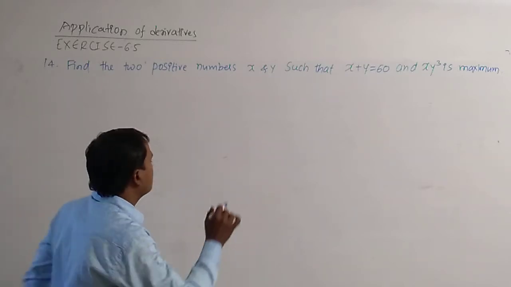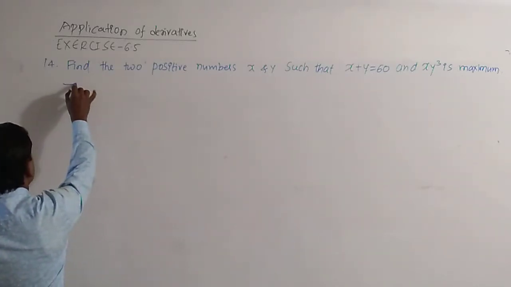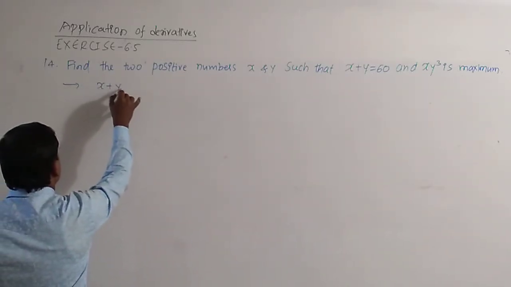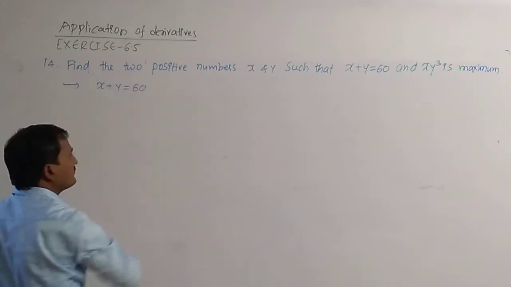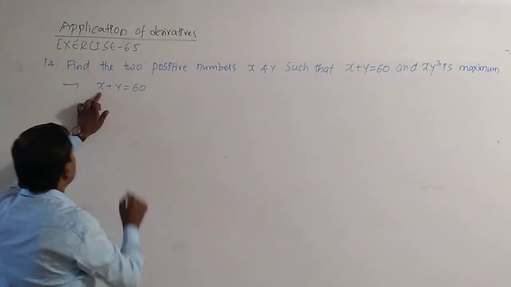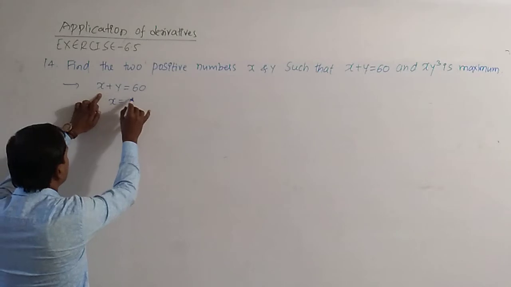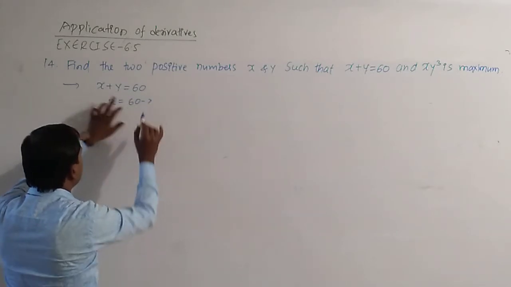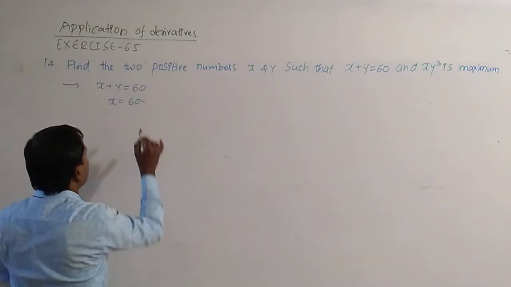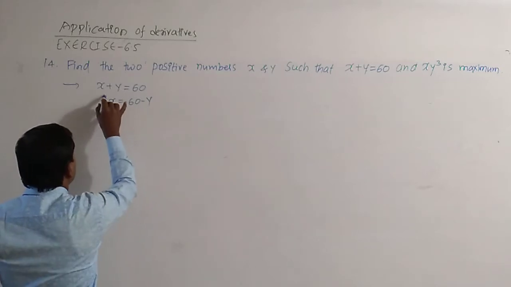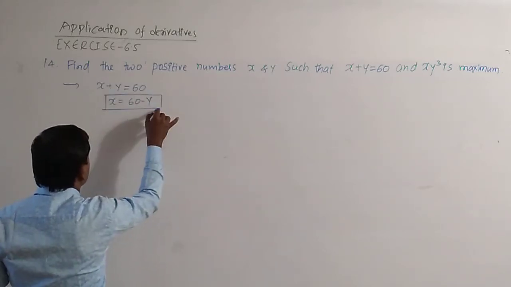So here the solution is: x plus y is equal to how much? 16 they have given. Now what is the value of x? We will write it like this: the value of x is equal to 16 minus y.